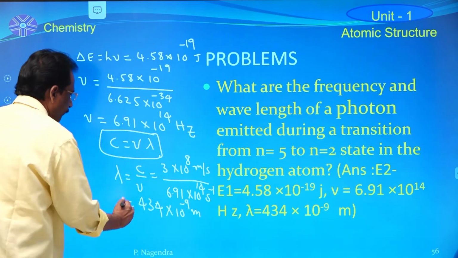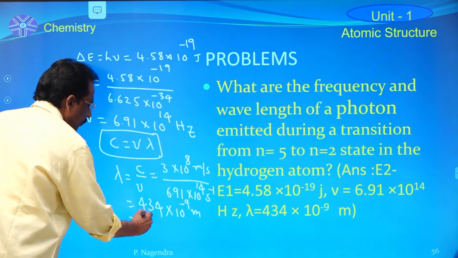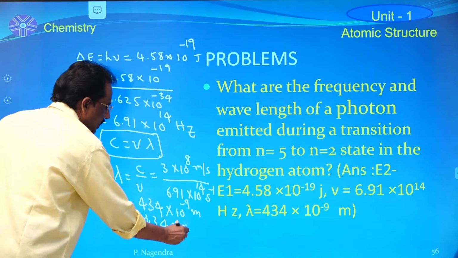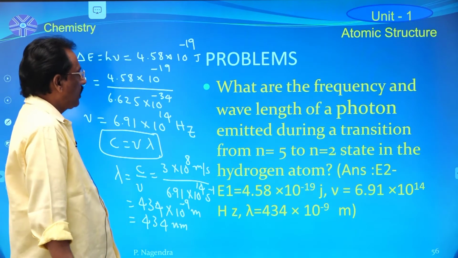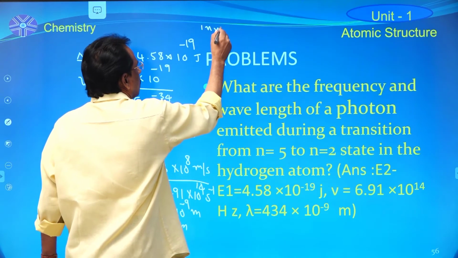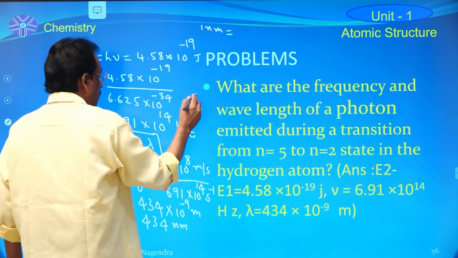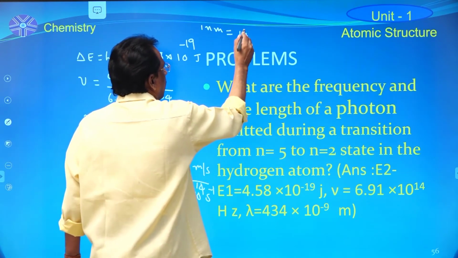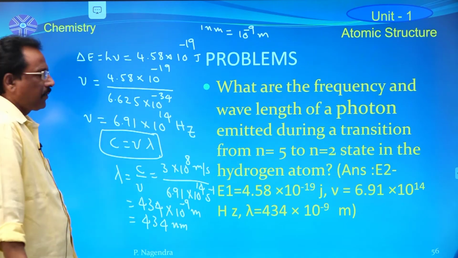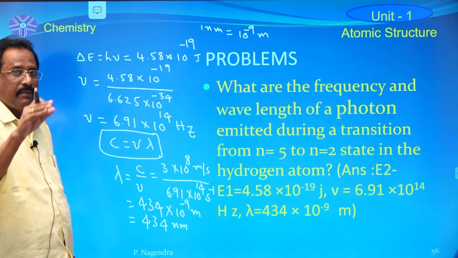This is nothing but 434 nanometers, because 1 nanometer is equal to 10 power minus 9 meters or 10 power minus 7 centimeters.